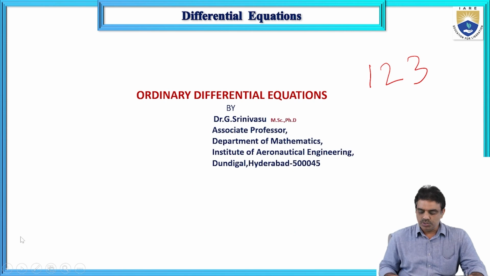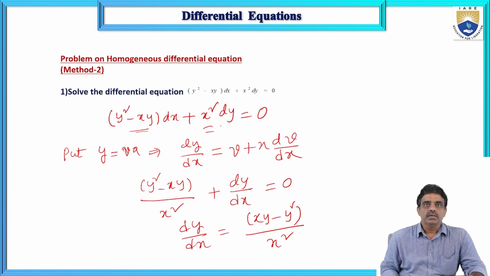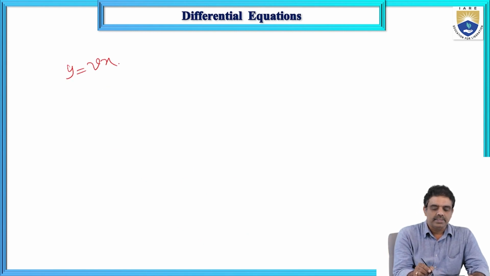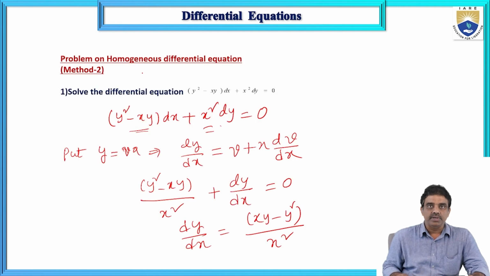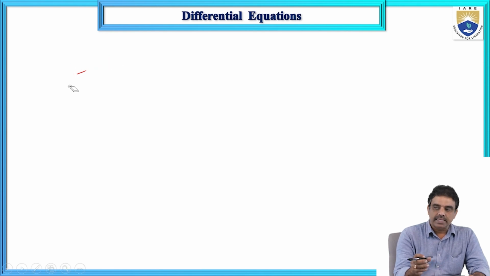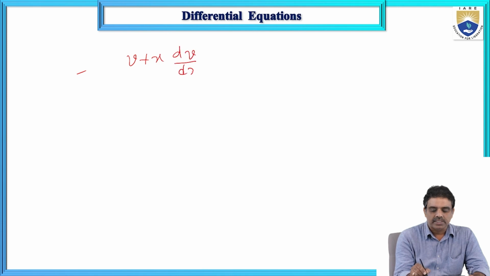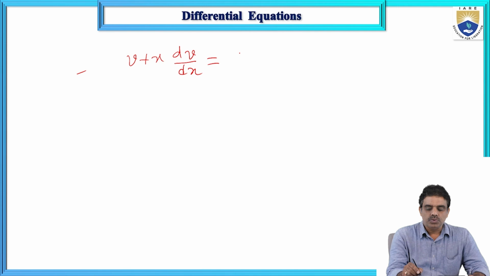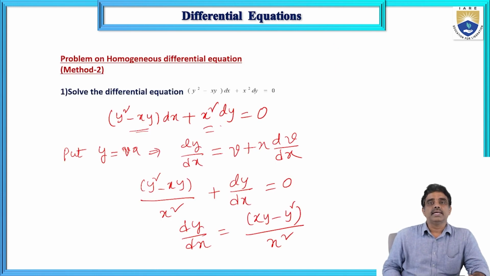Now on reducing this equation to variable separable form by using y is equal to vx, on the left hand side you get v plus x into dv by dx, and on the right hand side, x is same as x, and y you replace with vx. So x into vx minus (vx) whole square, and in the denominator x square.